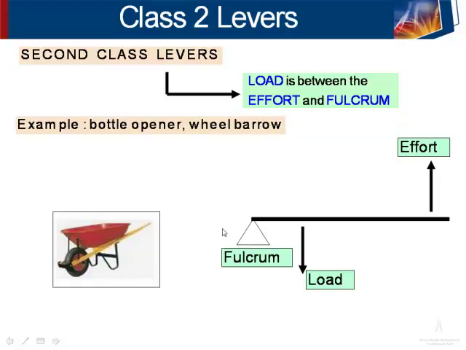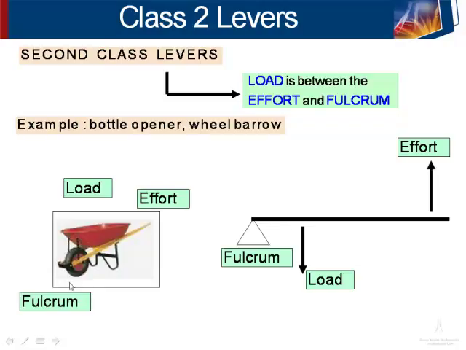Fulcrum and effort on either side of the load. That's a class 2 lever. If we look at the wheelbarrow example, you can see the load is in the middle, the fulcrum on the end, and the effort on this end. These are class 2 levers.